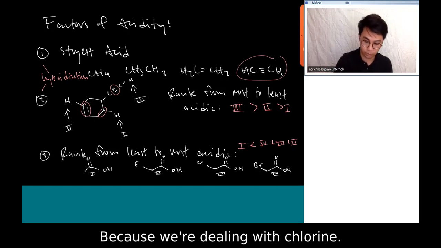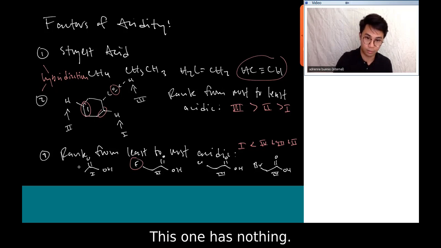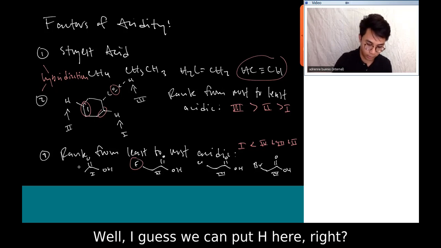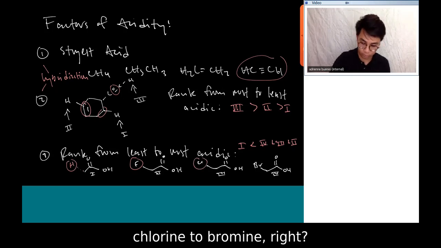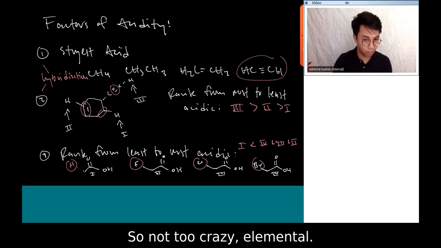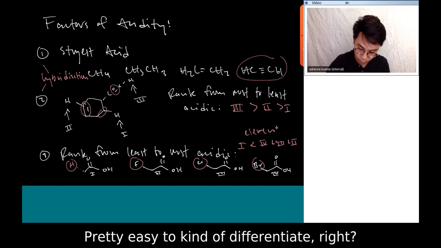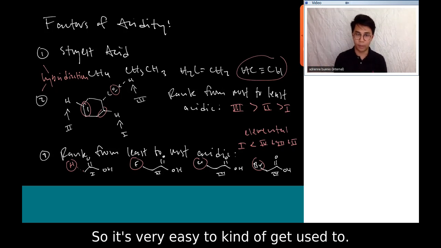Because we're dealing with fluorine. This one has nothing. Well, I guess we can put an imaginary H here. It is bonded to H. So hydrogen, fluorine, chlorine to bromine, right? So not too crazy. Elemental. Pretty easy to differentiate, right? So it's very easy to get used to.